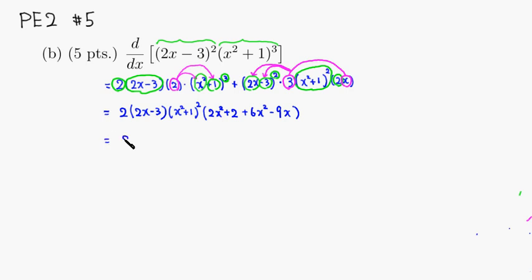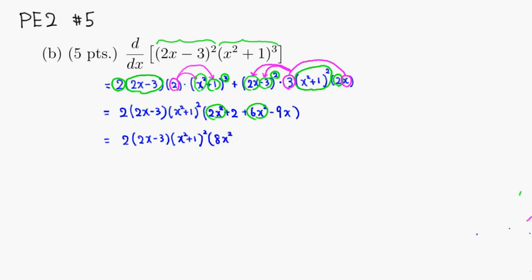Alright, so then let's clean up a bit, just collecting like terms. So you have a 2 and (2x minus 3), and the quantity (x squared plus 1) squared. Then we collect the like terms, so 2x squared and 6x squared. So that would be 8x squared.